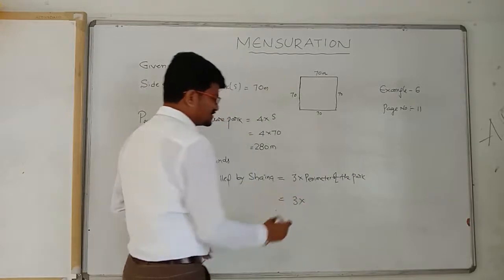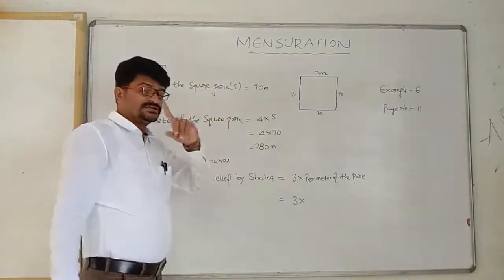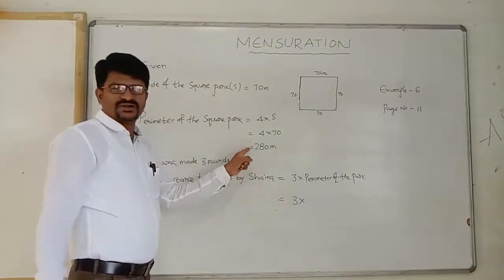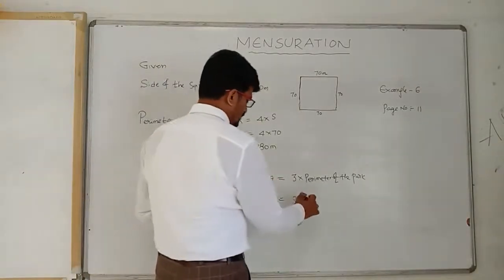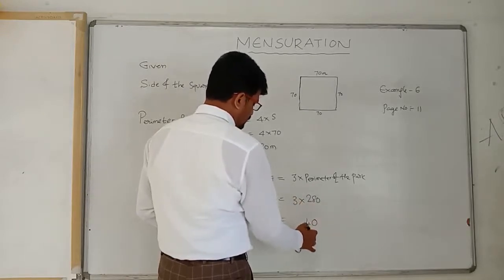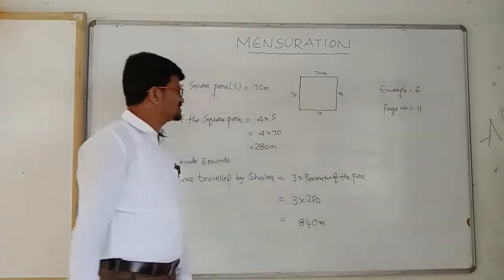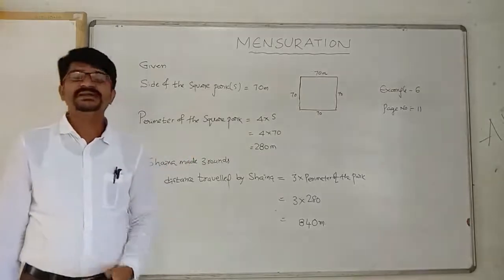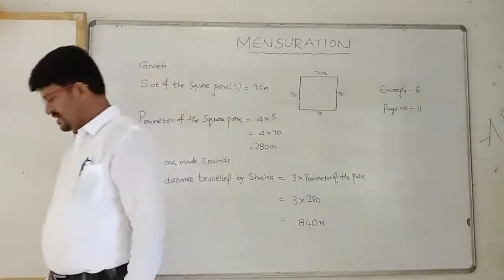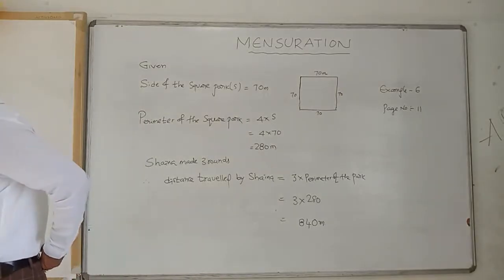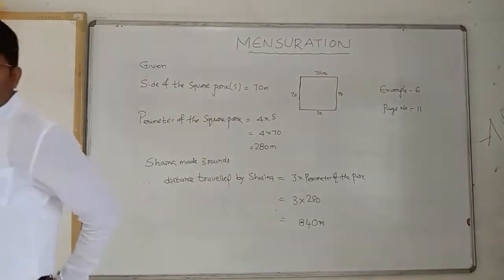Why is this 3 into perimeter of the park? Shaina made how many rounds? 3 rounds, right? One round distance is equal to 280 meters. Therefore, 3 rounds, 3 into 280. That is 0, 3 8 24, 840. Therefore, how much distance did Shaina travel? 840 meters. Okay? Write it all. Write this.